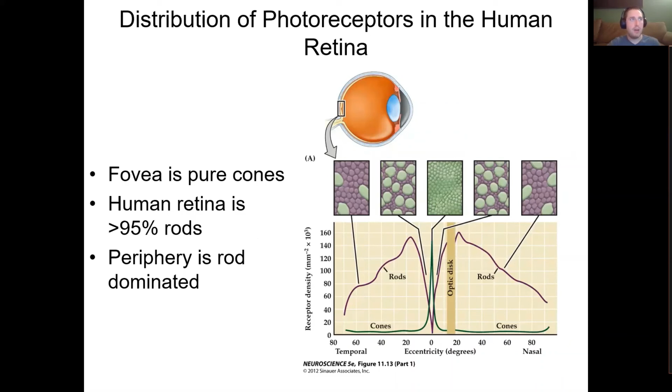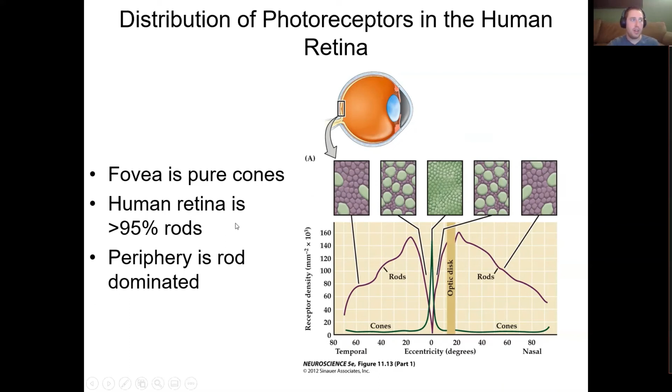So now let's talk about how these photoreceptors are distributed, and it's not even in the human retina. The fovea, which we already talked about, it's that area of very high visual acuity. It is just packed with photoreceptors, but it's only packed with cones. There's actually no rods in the fovea.